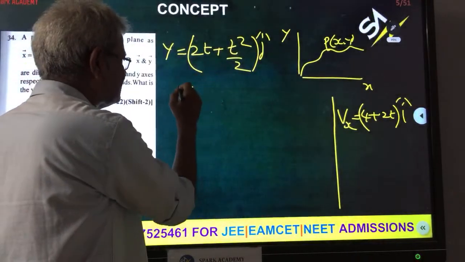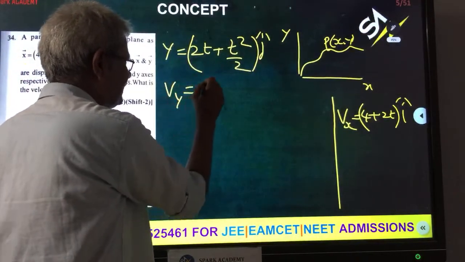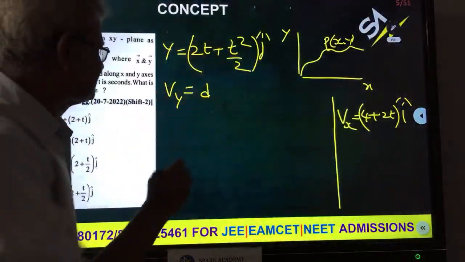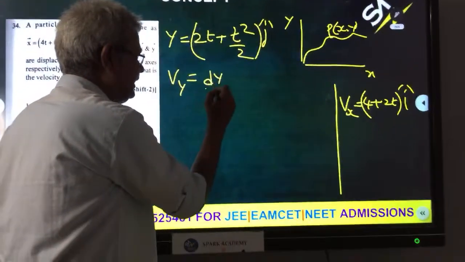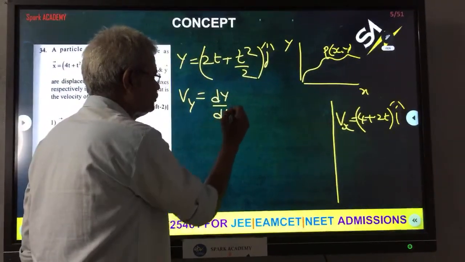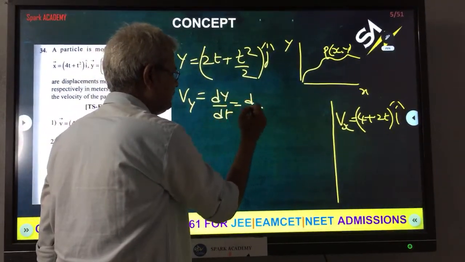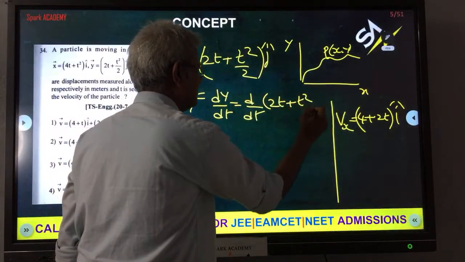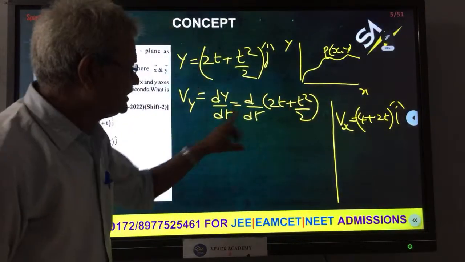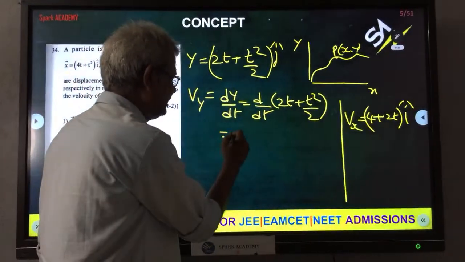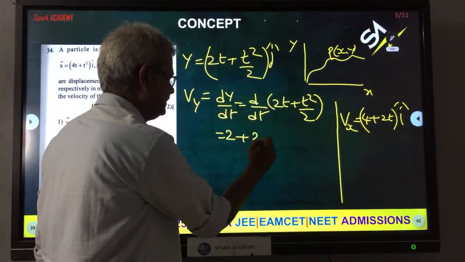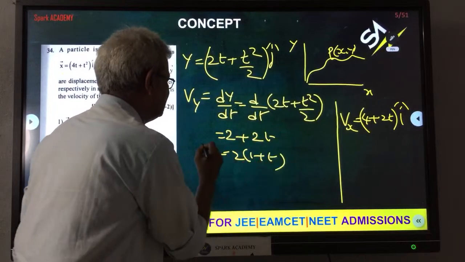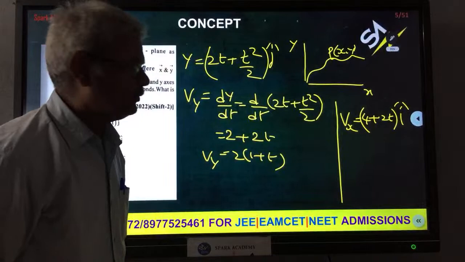So here we will get vy as the velocity component along the y-axis, and it is dy by dt. This would be equal to d by dt of (2t plus t square by 2). On differentiation we will get 2 plus 2t. So this will be 2 into (1 plus t). This is the velocity component along the y-axis.